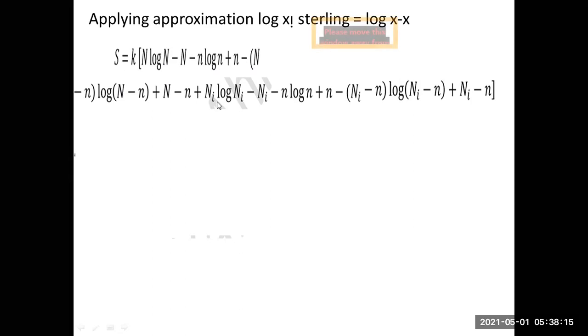The next one is log n suffix I factorial. How will we write it? n suffix I log of n suffix I minus n suffix I. We have just expanded these with the Stirling approximation, expanding the factorial term here. In the same case minus has been taken, so minus n log n, minus going inside plus n. In the same manner, minus of n suffix I minus n log of n suffix I minus n plus n suffix I minus n.